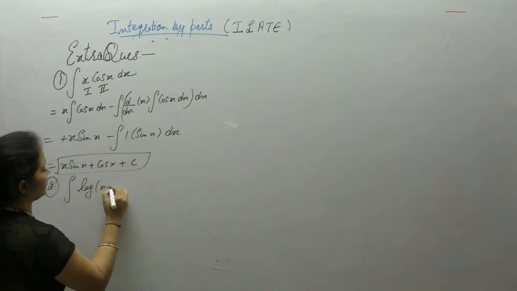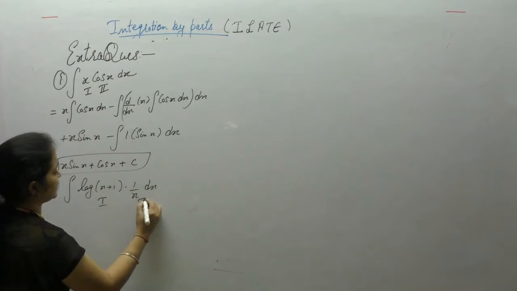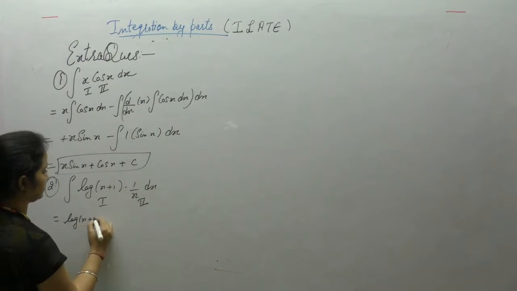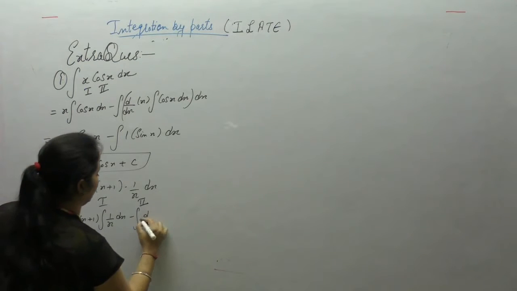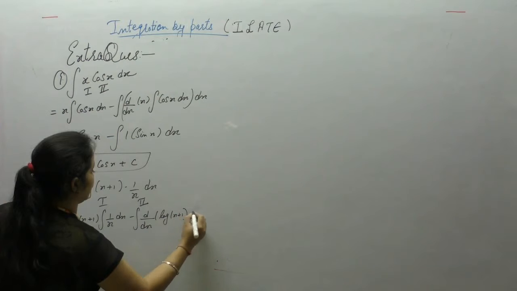Integral of log of x plus 1 into 1 upon x. Take log as first function and algebraic as second. First, integral of second, derivative of first, integral of second.